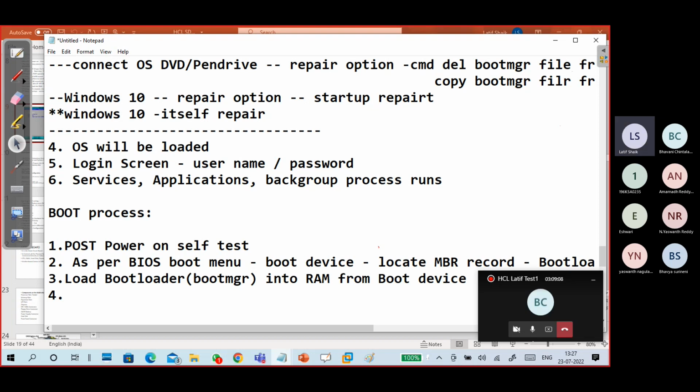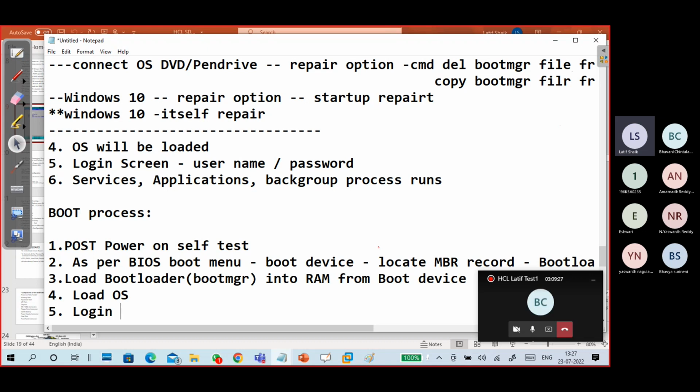Okay, so then locate the MBR in it and find the bootloader. The bootloader will tell how to load the operating system. So load the bootloader, and it will tell how to load the operating system.